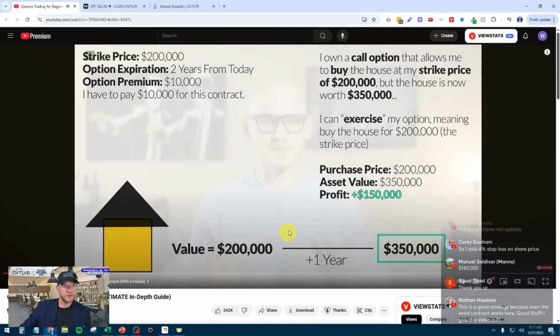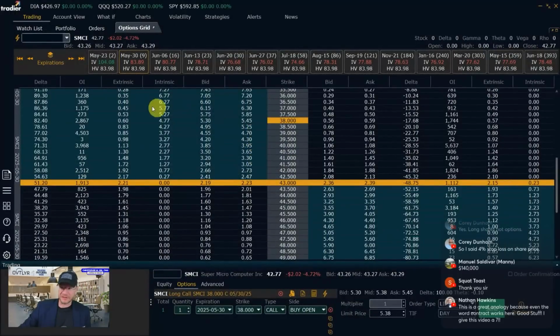Now, this is what we're doing when we're trading options. We're buying it at this price, and we're trying to sell it later on at this price and keeping the difference, right? The only way that happens is if the price of the underlying stock goes up, because remember, we're trying to increase how much intrinsic value we have. Extrinsic value is going to go down every single day. So the only thing that we're trying to maximize is intrinsic value.